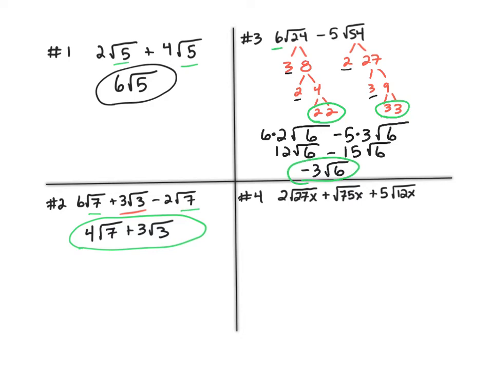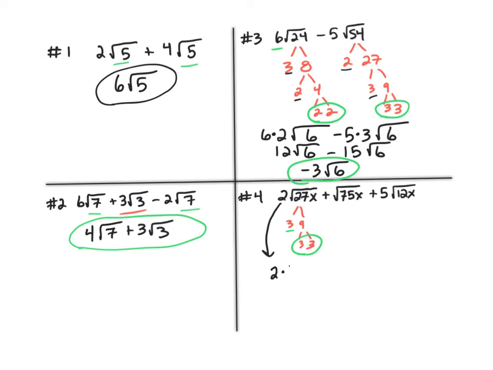All right, moving on. Now I want to talk about one that has a variable in it. So in number 4, we're going to break the radicals down with our factor trees just like we did in number 3. So I have 3 and 9. 9 is 3 and 3. I have this pair of 3's, 3 left over. So I've got to bring down my 2.